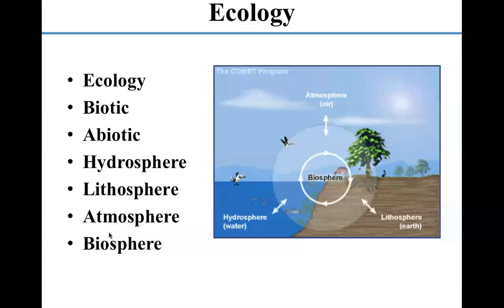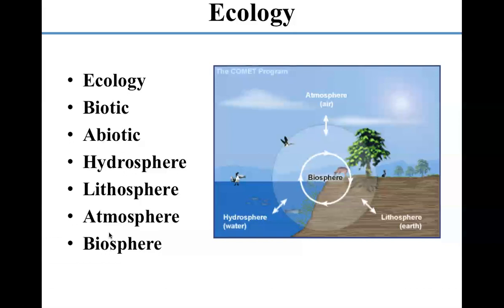In the environment, we can also split it up into different sections or different spaces. The hydrosphere encompasses all the water. When we're talking about the hydrosphere of Earth, we're talking about the oceans and lakes and polar ice caps, basically anywhere that you find water. The lithosphere is basically all of the rocks and sediments and soils found on the surface of the Earth.